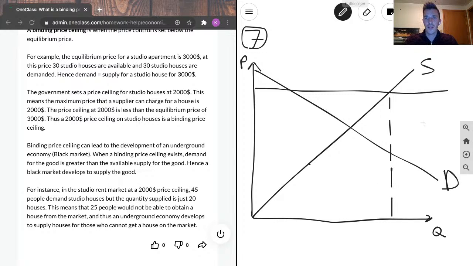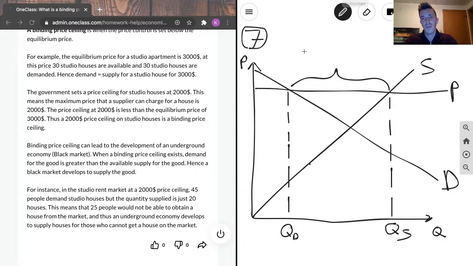So again, we're going to look at where this horizontal price line crosses both the demand curve and the supply curve. So our QD is going to be on the left side in this case, and our QS would be on the right side. And at this price, this would be a surplus.